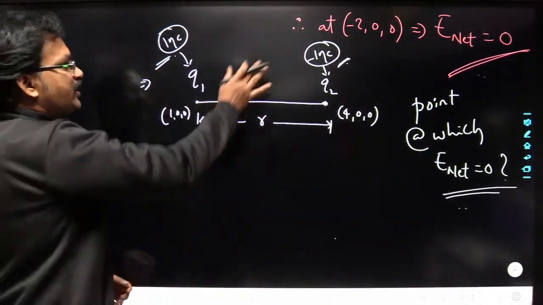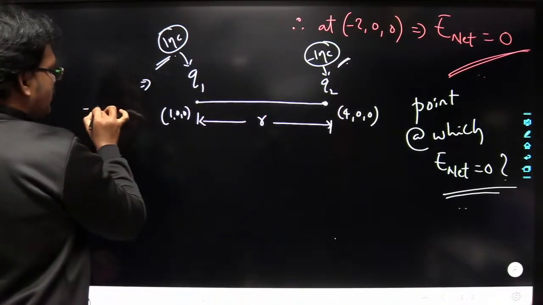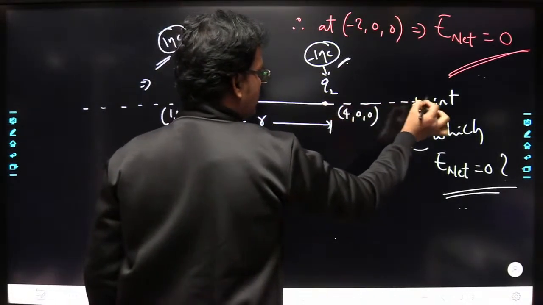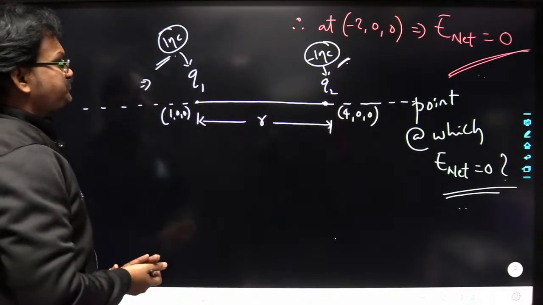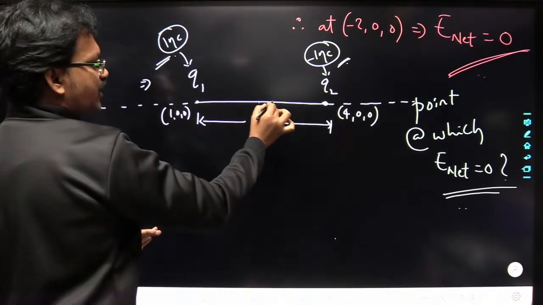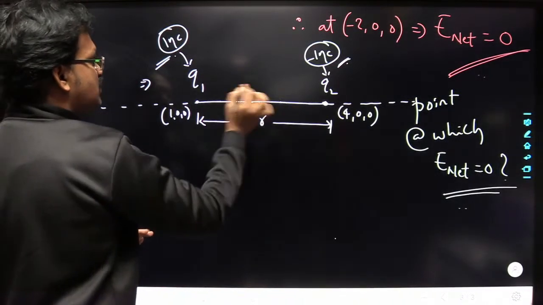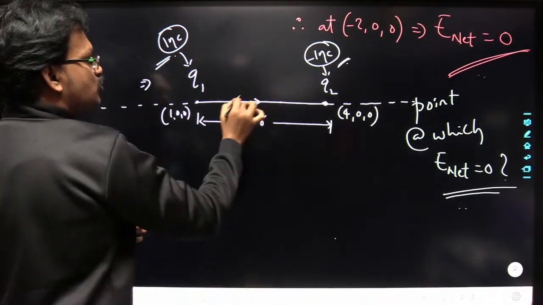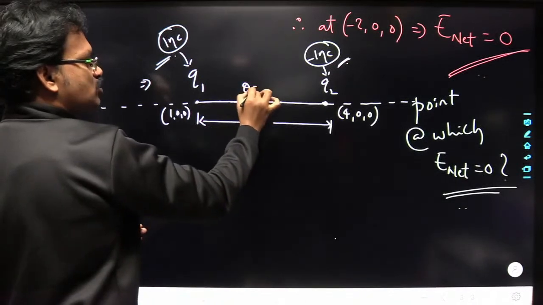See here, it cannot be anywhere in this region, and it cannot be anywhere in this region. So the theta equal to 180 degrees condition will be satisfied only along this line. For any point between these two charges, due to 1 nanocoulomb the electric field points in this direction, and due to minus 1 nanocoulomb it points in this direction, so theta is 0 degrees.